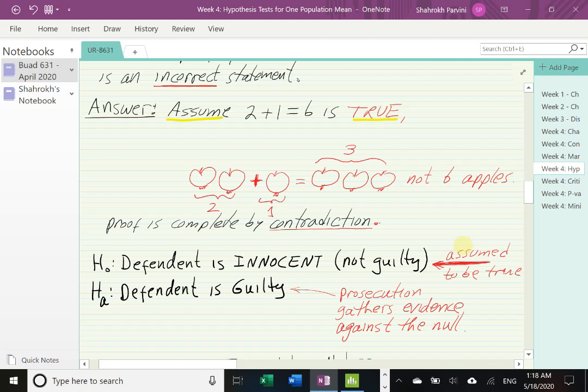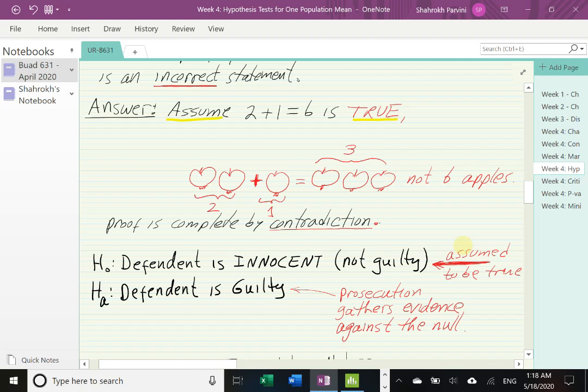So, this would be the same as 2 plus 1 equals 6. Even though there are videos, there's overwhelming evidence, witnesses, and so on and so forth against the defendant. But nonetheless, the moment the defendant walks into that courtroom, the assumption is that of innocence. And that's the fundamental basis of proof by contradiction.